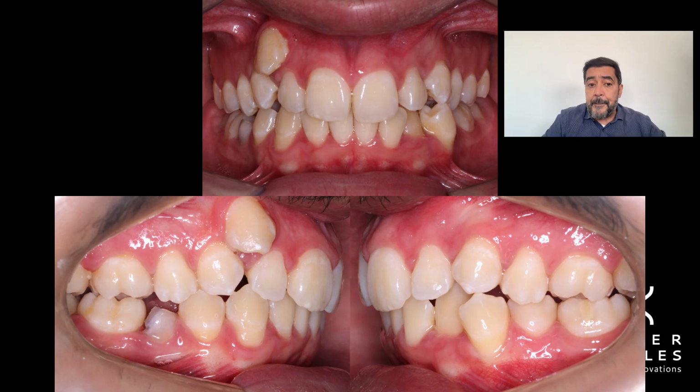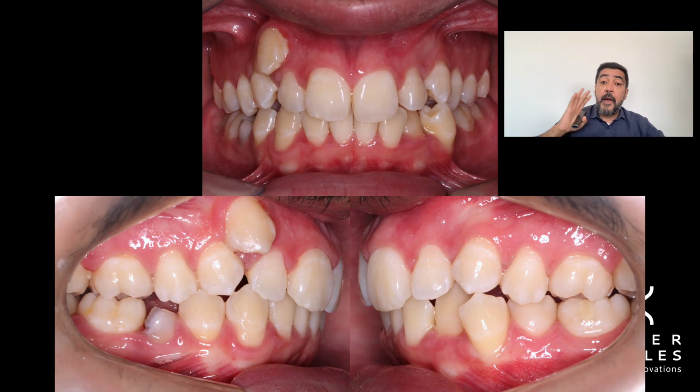Because if it happened in an early phase, in the transitional period, it would have blocked the second premolar instead of the canine. Why? Because the second premolar is in a higher position and is palatally displaced in an early phase of the development of the occlusion. So this is probably what took place here.